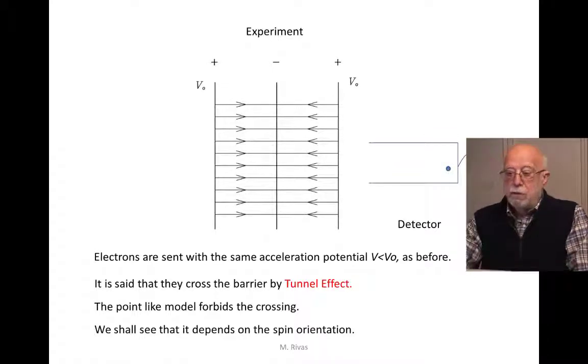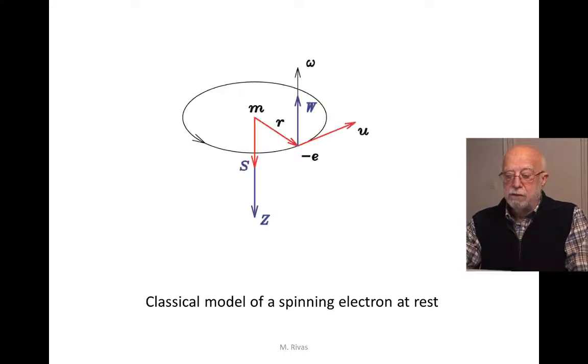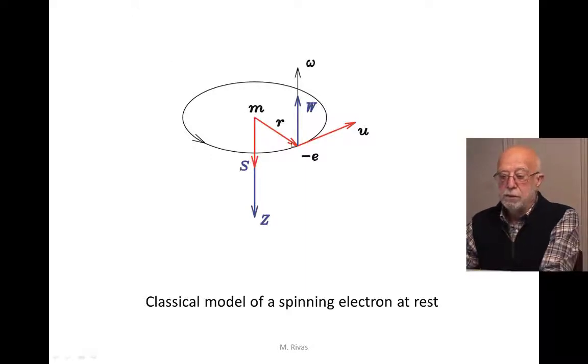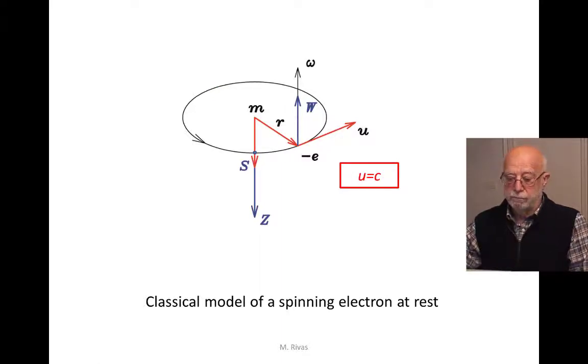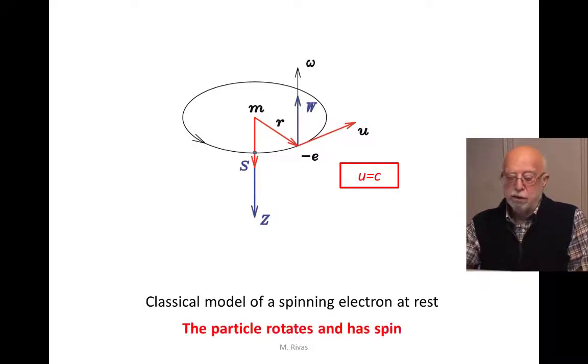Okay, the model we have obtained in our formalism, I showed in the first lecture, is this. The spinning electron at rest means that the center of mass is at rest, but the center of charge is a different point, and it is moving around the center, continuously around the center of mass at the speed c. So in the center of mass observer, this object has a kind of rotation, and therefore has a spin.